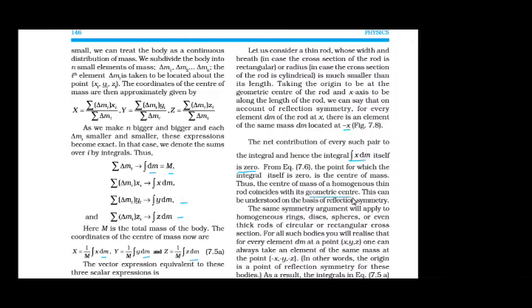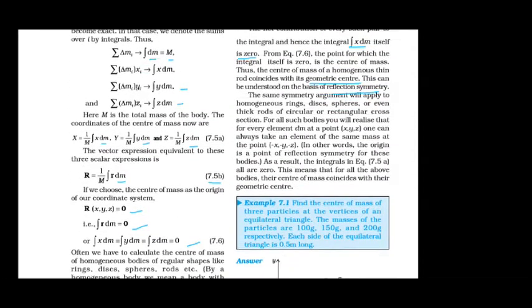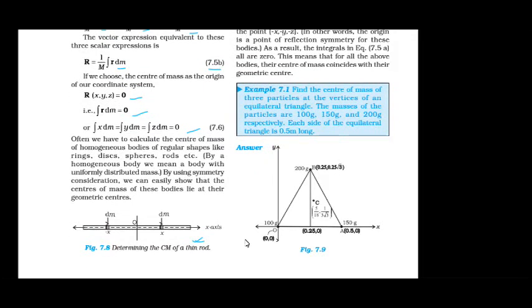So this can be understood on the basis of reflection symmetry. Let me give some hint. What is reflection? Consider this as a mirror. Consider a small object of mass dm placed here at a distance x from the origin.